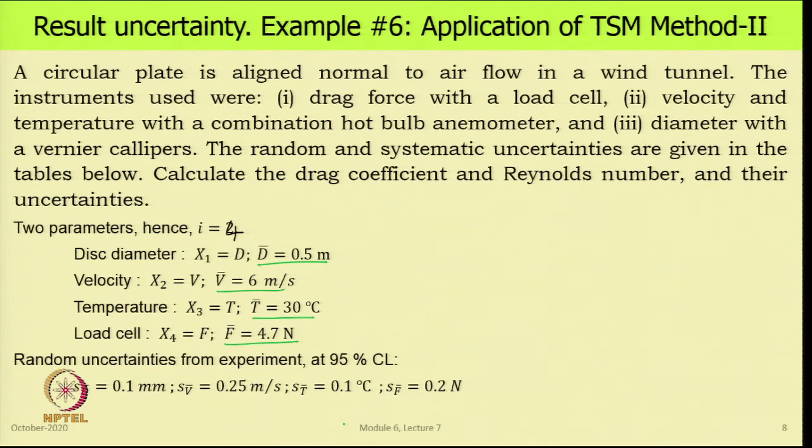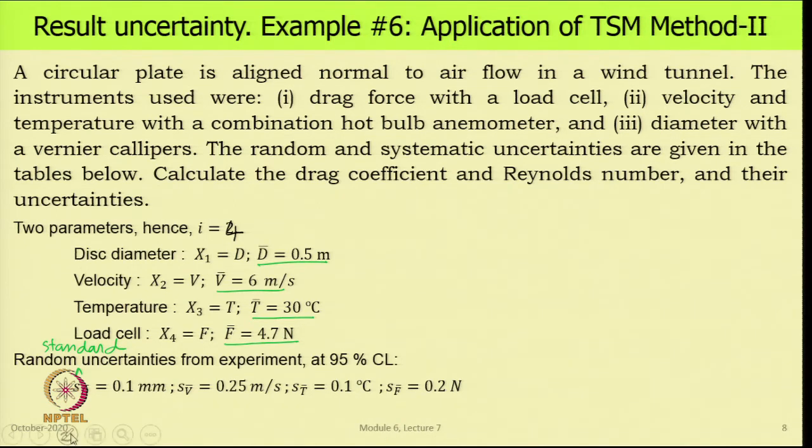And the random standard uncertainties, S means these are the random standard uncertainties. They are 0.1 millimeter in diameter, 0.25 meter per second in velocity, 0.1 degree Celsius in temperature and 0.2 newtons in the force.